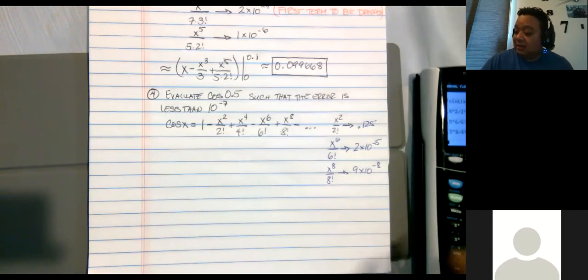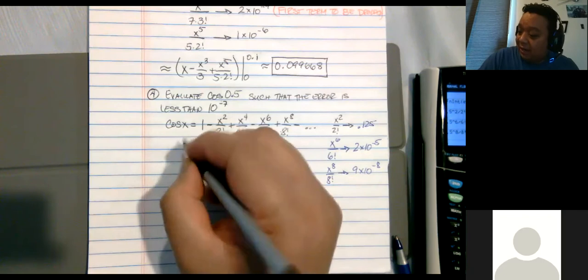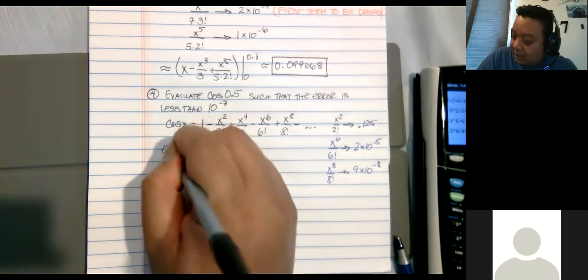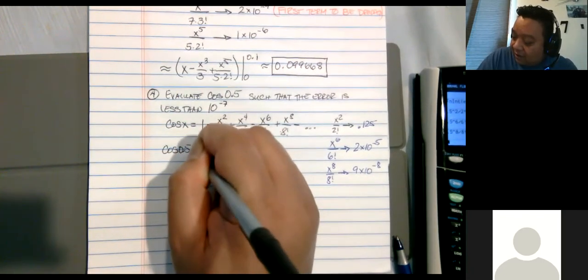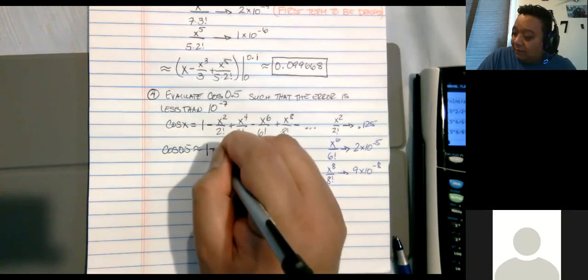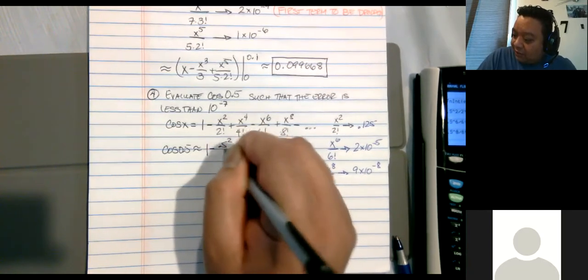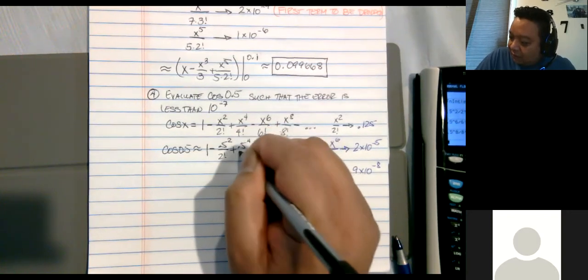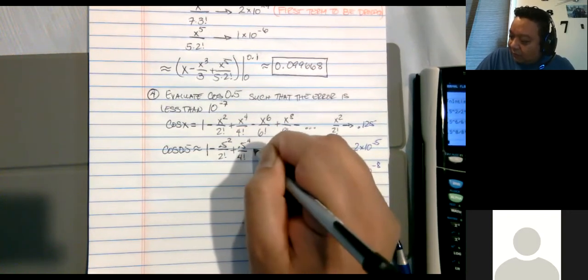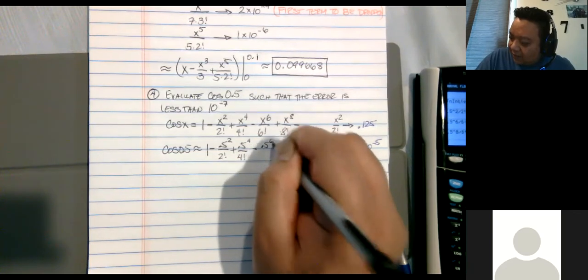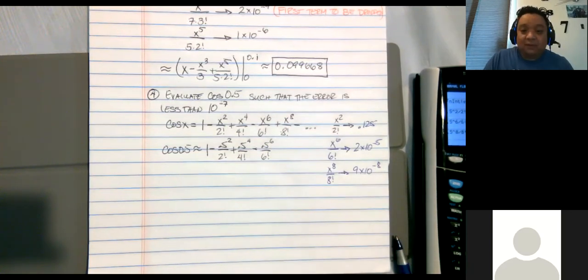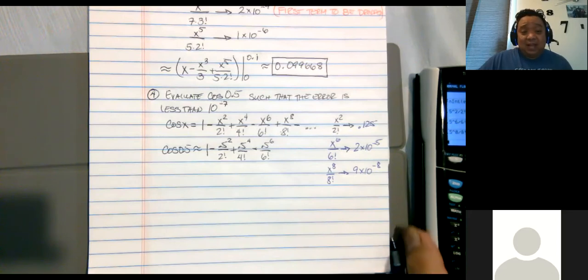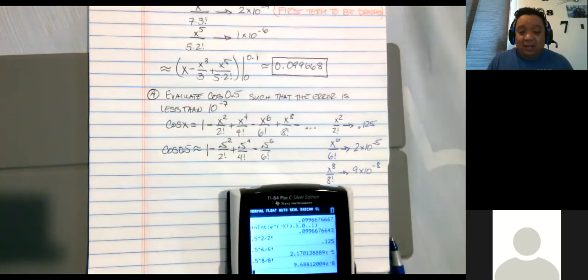So cosine of 0.5 is approximately 1 minus 0.5 squared over 2 factorial plus 0.5 to the 4th over 4 factorial minus 0.5 to the 6 over 6 factorial. Now go ahead and put that in your calculator and see what you get.